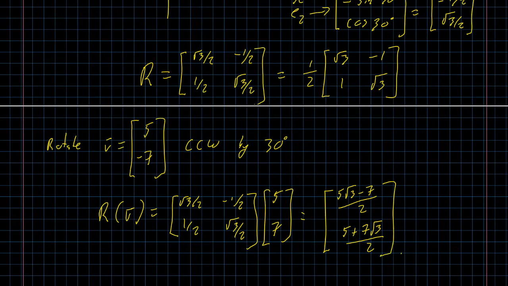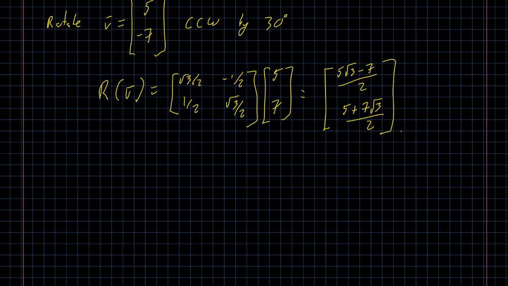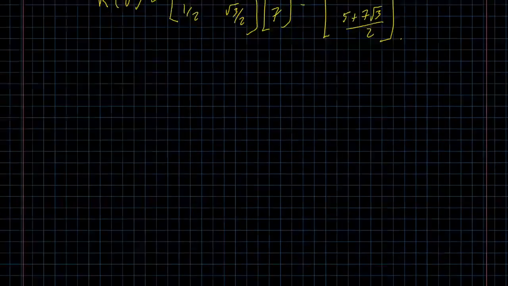If you want to check, I invite you to grab a ruler and protractor, draw this vector very carefully, rotate it very carefully, and see that these numbers work out, or close enough to them if you grab pencil and paper or a calculator to do the computation. But instead, let's move onward.